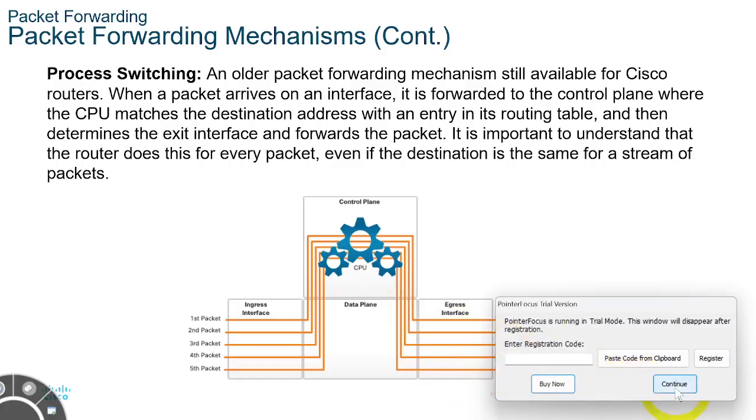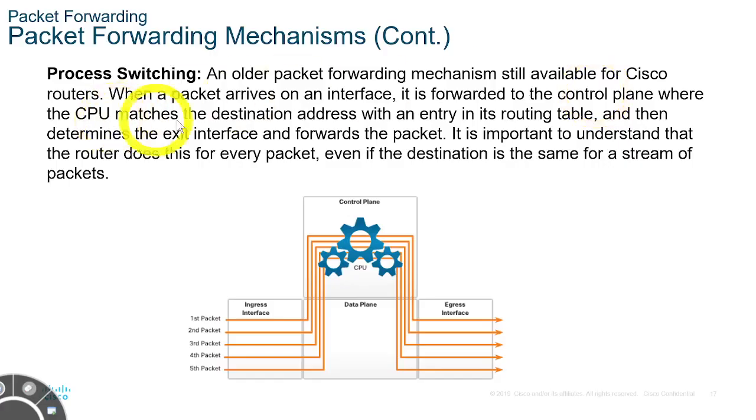So match with the entry, then determine the exit interface and forward the packet. So it will receive some packets, do some comparison matching, far left bits matching. If it's okay, it will find for each packet which egress interface should forward the packet.